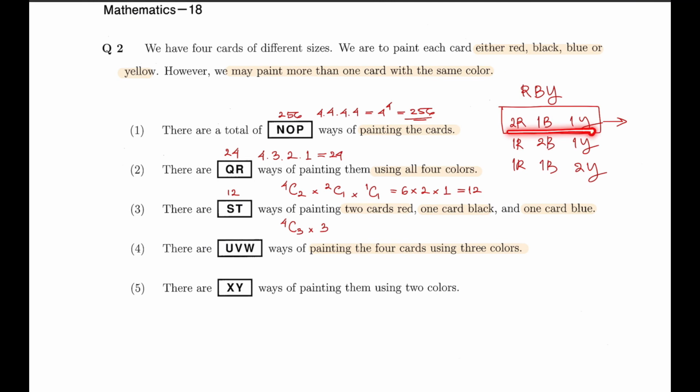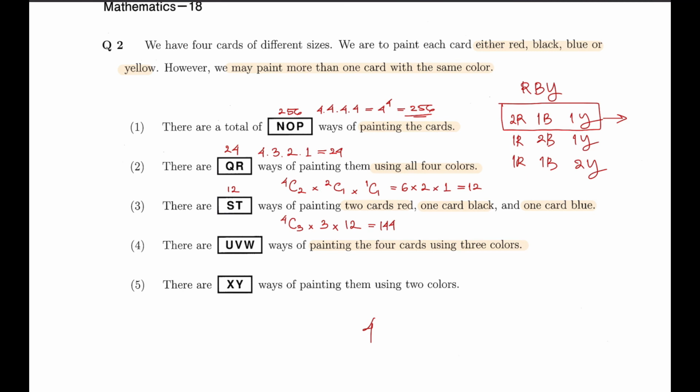The number of ways of painting 4 cards using 2 red, 1 blue, and 1 yellow is the same as in the previous question, so for each of these there are still 12 possibilities. So 4C3 times 3 times 12. 4C3 is 4, 4 times 3 is 12, and 12 times 12 is 144.